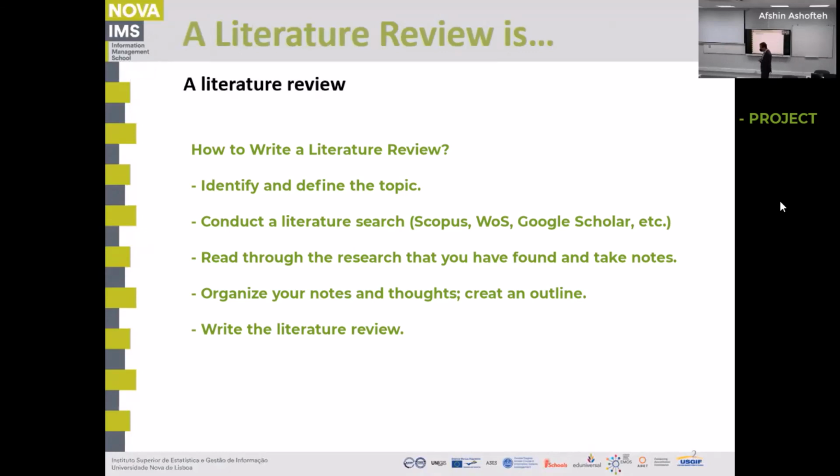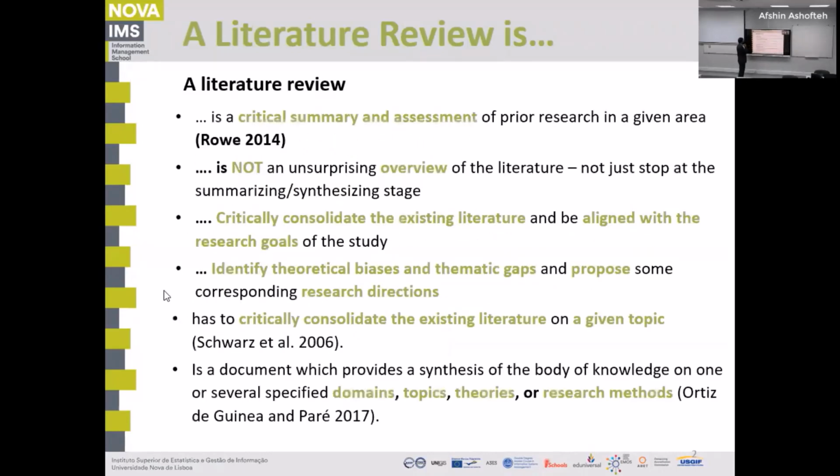Okay? So first of all, we are going to define the literature review, which is a kind of summary. So you are going to review a lot of papers to find the best of them and then make a summary of them. But this is a simple version of the literature review. We have more complex literature reviews that are published in the journals.